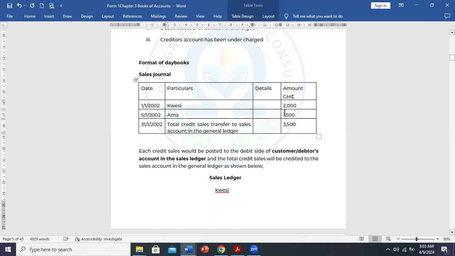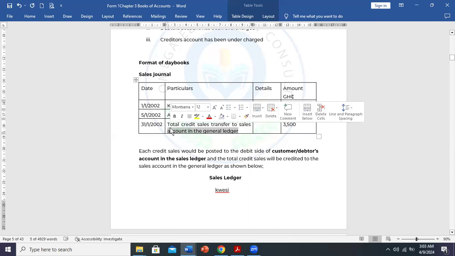Now, what I want you to pay attention to is that at the end of the period, when you have finished recording all your credit sales, you need to total the amount and then give a narration that this is the total credit sales of the business.